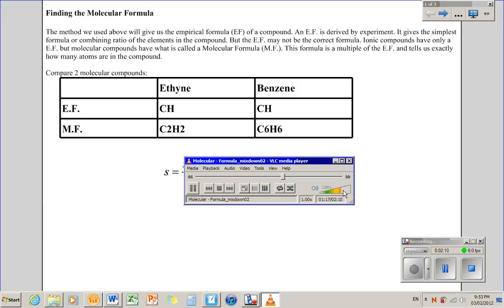Take the multiplier and multiply it by empirical.